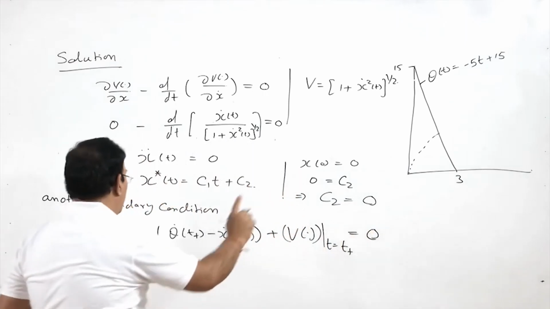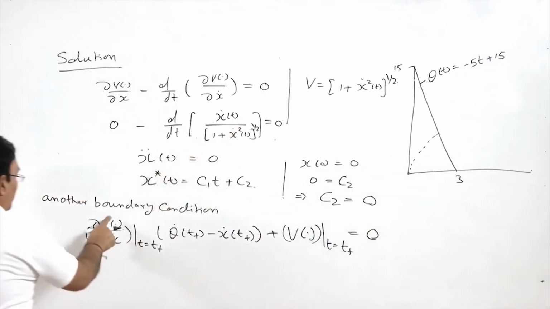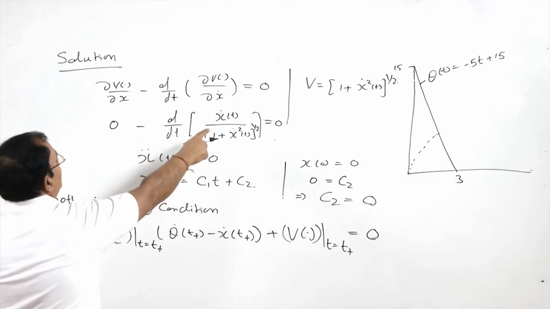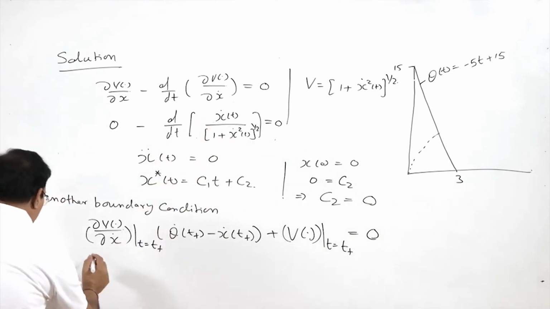So, this is my other boundary condition. With the given v, I will find del v by del x dot, which is given by this equation at tf.